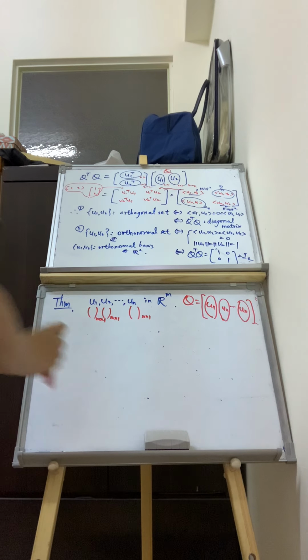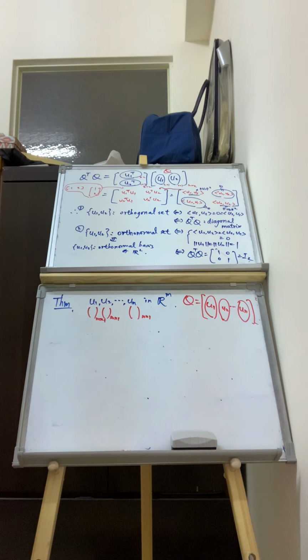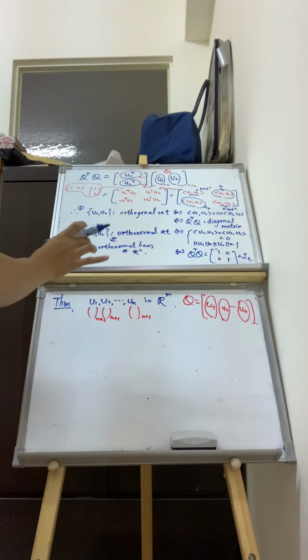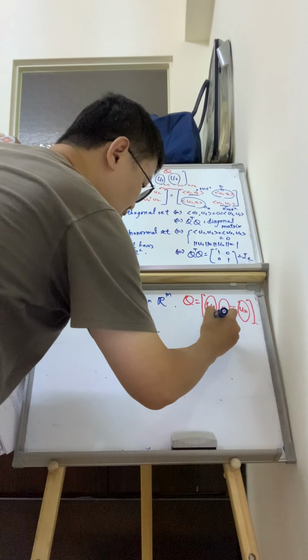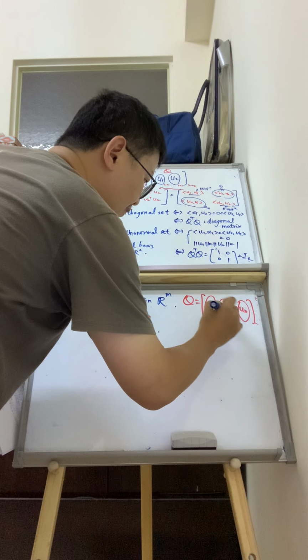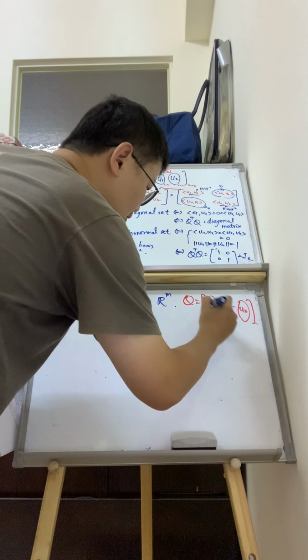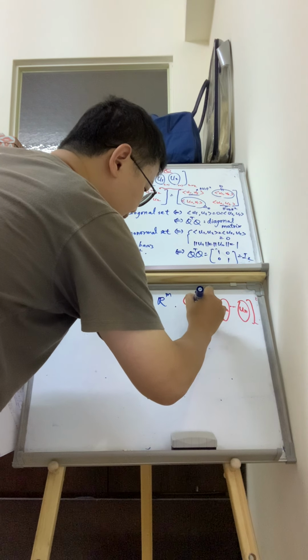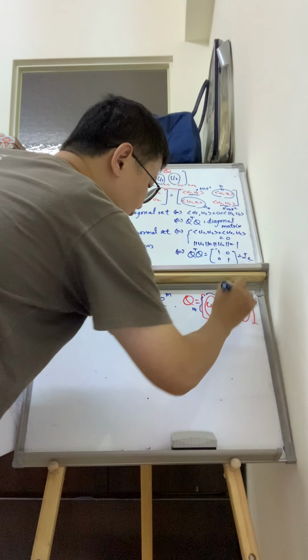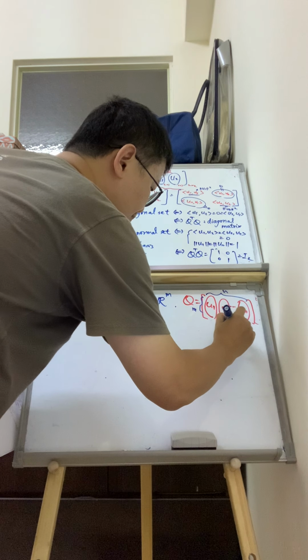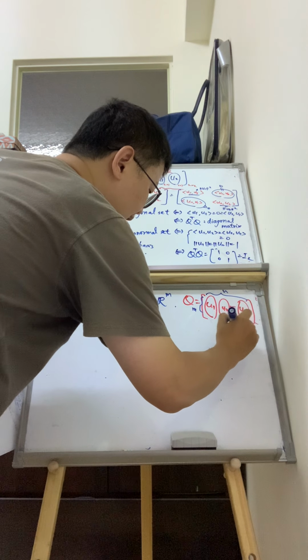In our R^n space we have n vectors, so it's an n by n matrix.